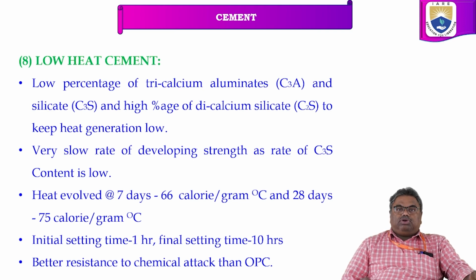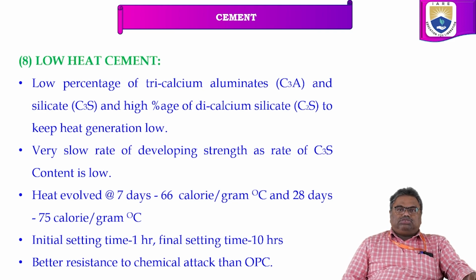If you want to reduce the heat generation, we have to increase the percentage of dicalcium silicate in the cement, right? So there is a very slow rate of developing strength. The hydration process will be very slow in this type of cement, right?